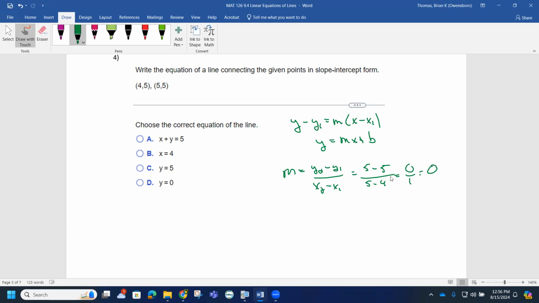So that is a value. So the slope is 0. Remember, that also represents a horizontal line. So this graph would be horizontal if you graphed it. Now remember, horizontal lines are defined by the equation y equals the y coordinate.